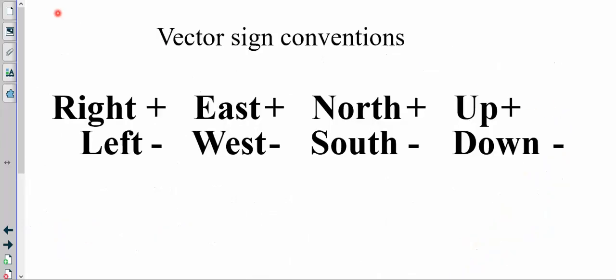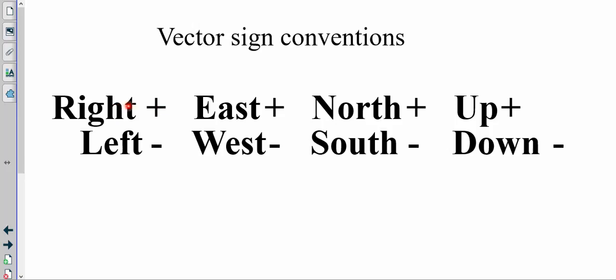When we deal with vector nomenclature, especially if it's just going to be one dimension, the previous example was two dimensions. When it comes to one dimension, very often we just like to use positive and negative numbers to keep life simple. So in this video, I'm going to be using a lot of north, south, east, and west, but a lot of the times I'll just take that north, south, east, and west and apply positive and negative symbols with it.